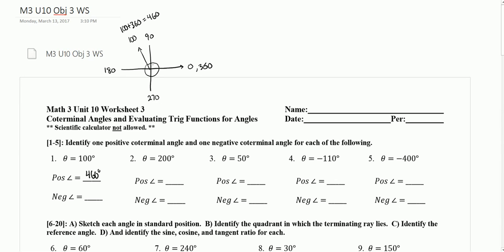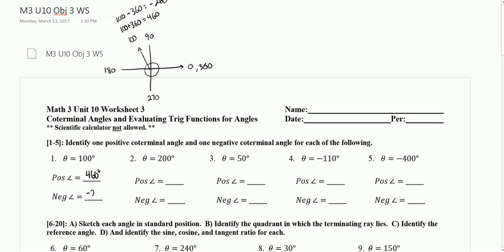I could spin the other way around too. If I start by pointing at 100 and spin clockwise in the negative direction a full circle, 360, I'm also pointed that way, so that would be 100 minus 360, which gives us negative 260.